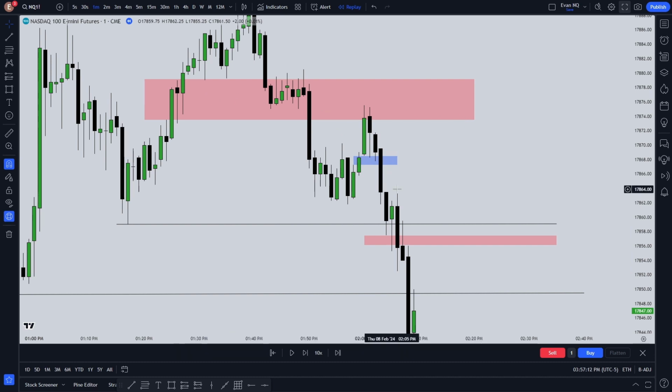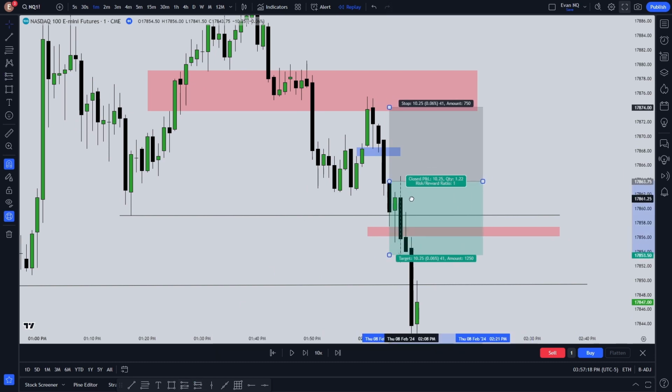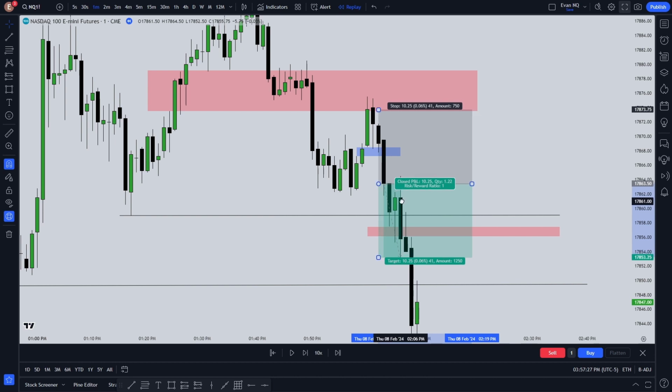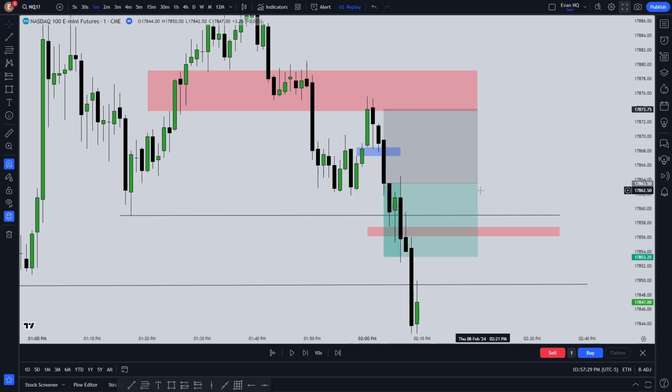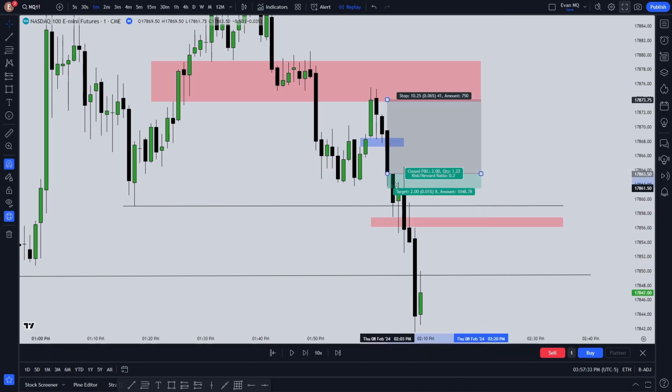You see it close below, and as soon as the candle closes below or above, depending on the fair value gap, waiting for it to close below the fair value gap, that's when you enter and you target internal lows.